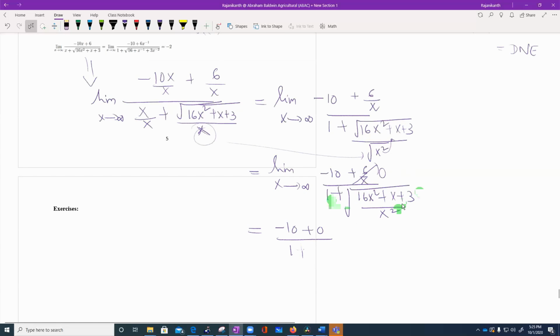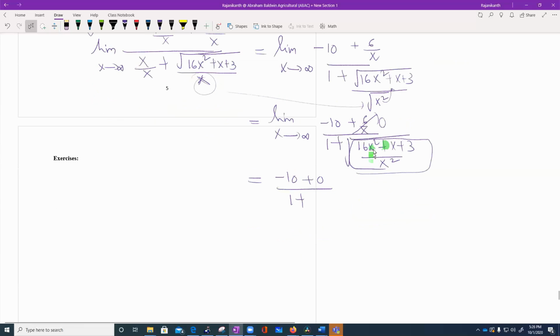Plus, okay, now tell me, when x goes to infinity, what will happen here? You could think of this as a new problem. Remember, the degree here is 2, and the degree here is 2 as well. So you have the same degree, so the answer is simply 16 over 1, but that is inside the square root. Therefore, the limit of that is the square root of 16.